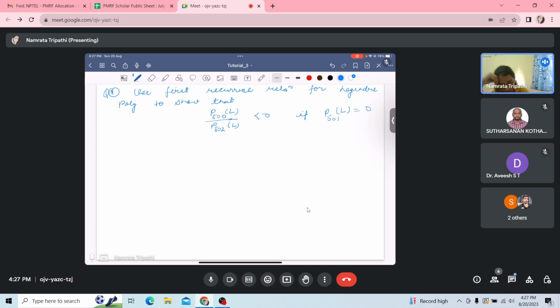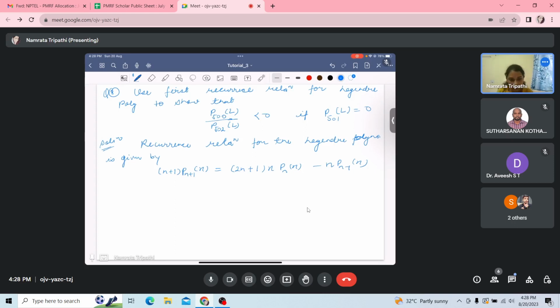What is the recurrence relation for Legendre polynomial? It is given by n plus 1 Pn plus 1 of x. So this is the recurrence relation for Legendre polynomial. Is it okay? Now put x is equal to L and in place of n please put 501.